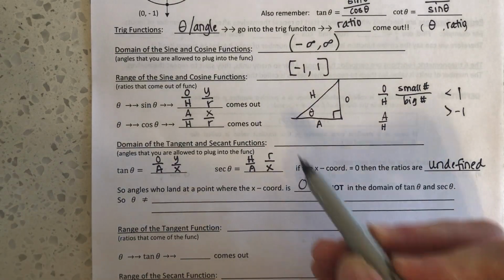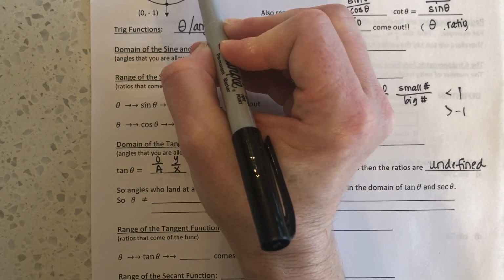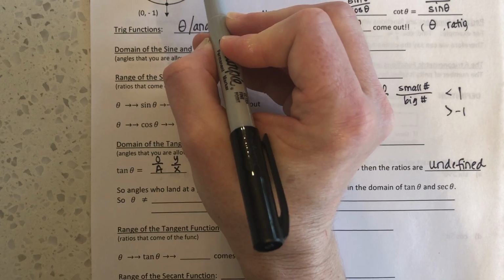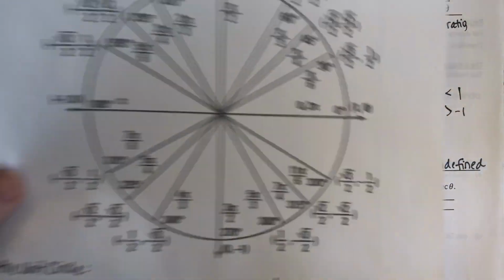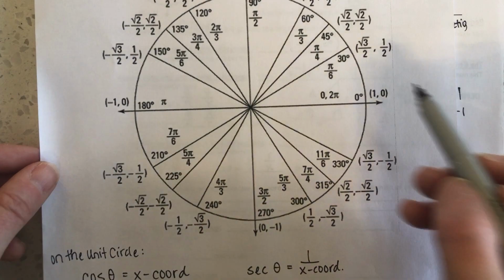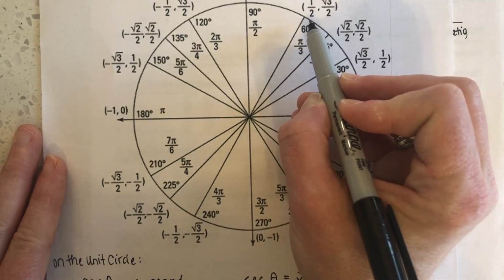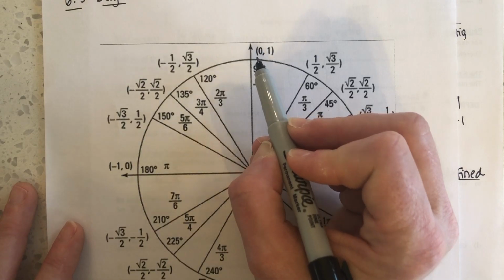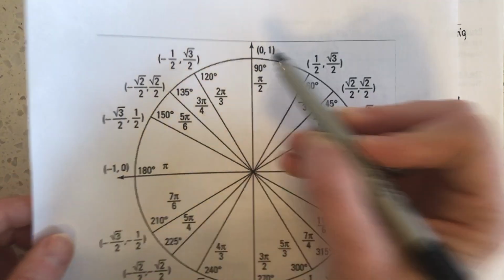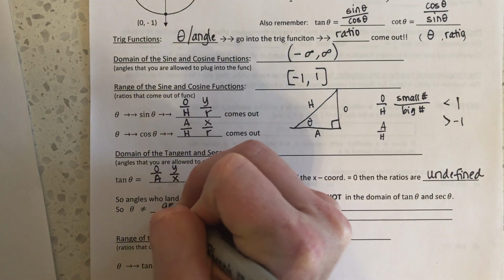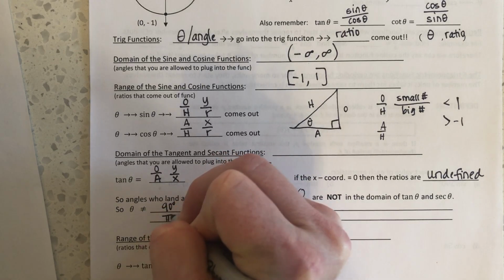Well, let's look. What has an x-coordinate of 0? No. You can even look here. Nope, nope, nope, nope. Right here, 90 degrees has an x-coordinate of 0. 90 degrees, which is pi over 2 radians.